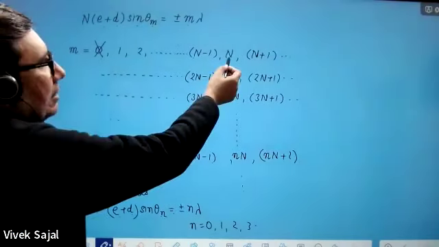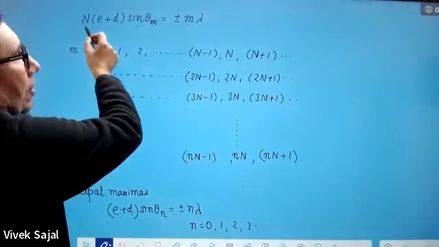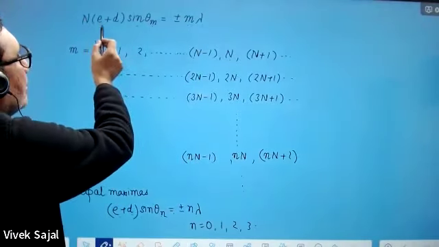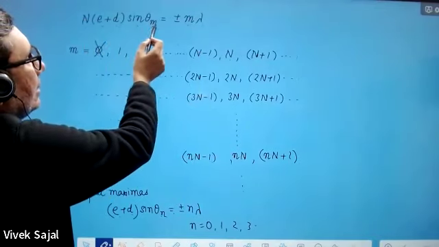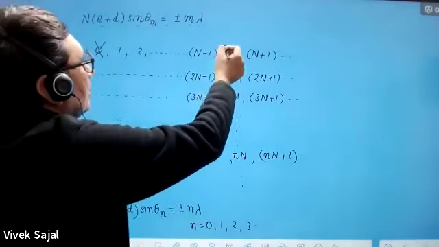If you look at this n, substitute this n here, then n will cancel out from both sides, and this equation will be (e plus d) sine theta equal to plus minus lambda, and you will be at a principal maximum. So this is not possible.